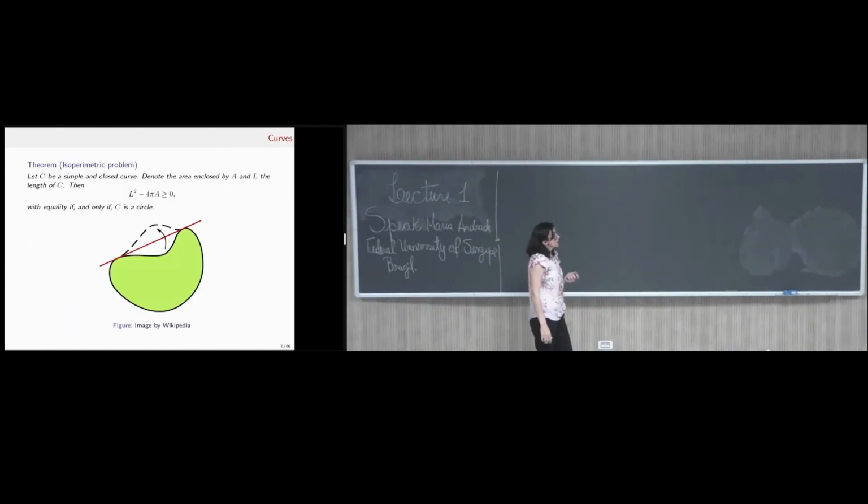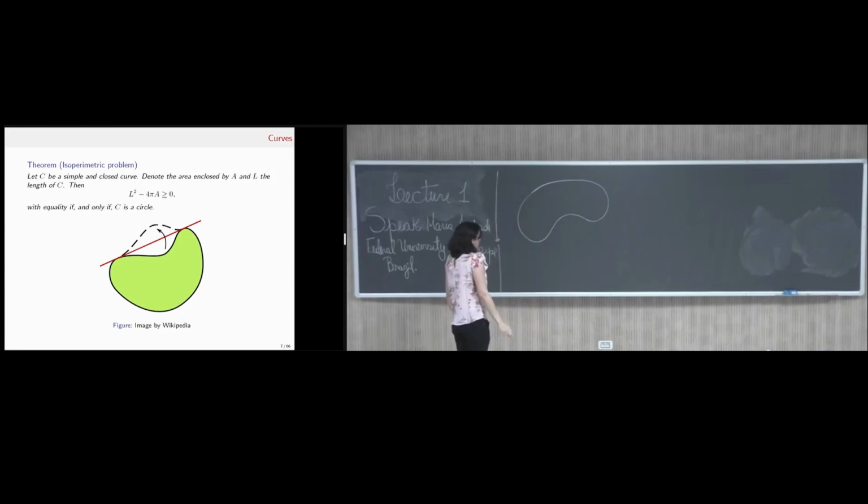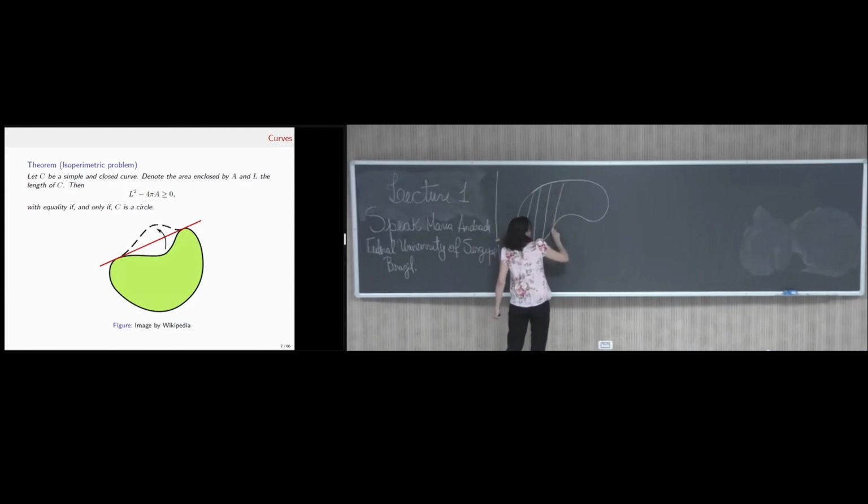After this, I remember a classical result, the isoperimetric problem, where you have closed curves, simple closed curves, and the question is, you have a curve and you have this region, okay?